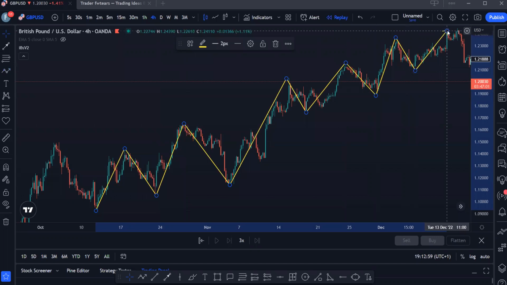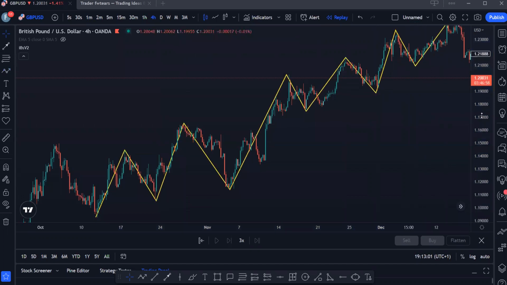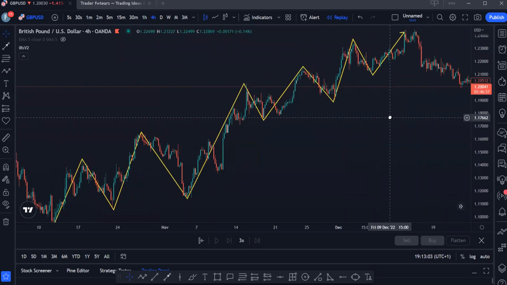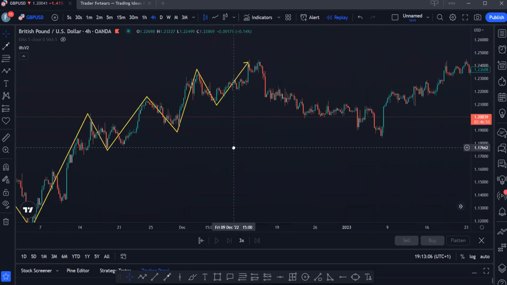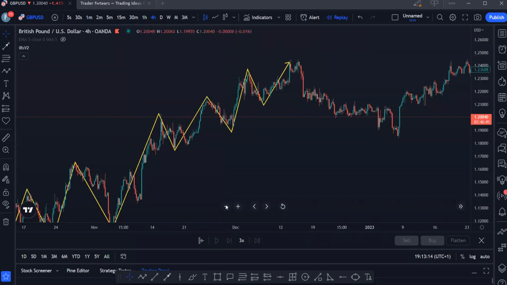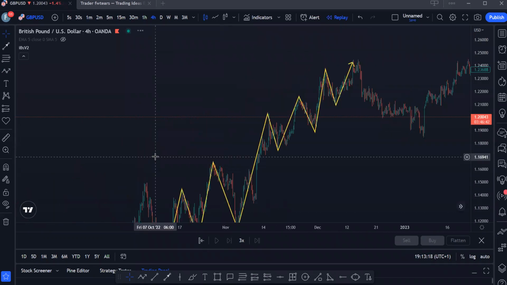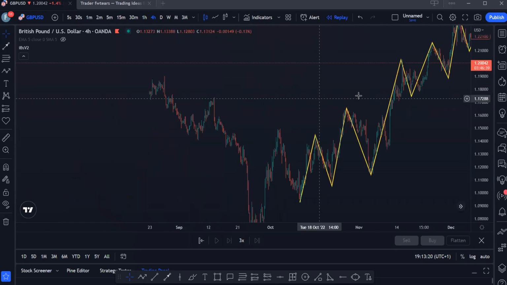That's why I said when price keeps creating new higher highs, that means it is still in an uptrend. Now let's find a solid downtrend structure right here.